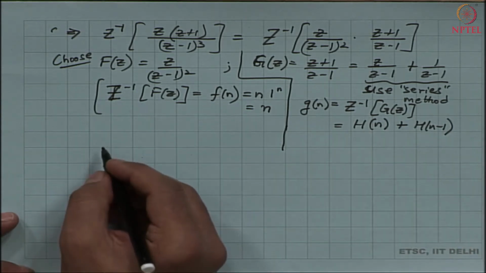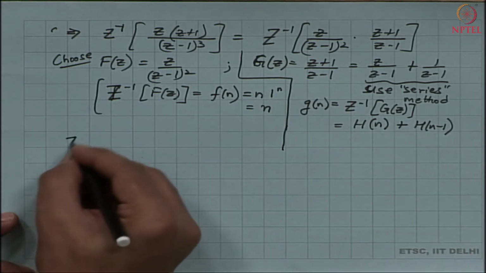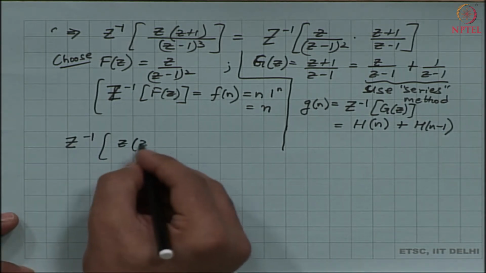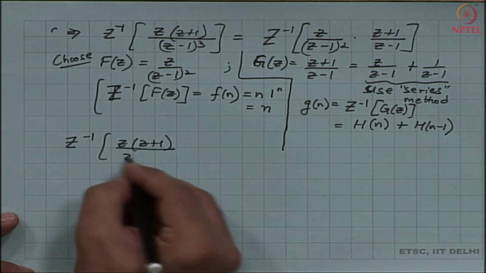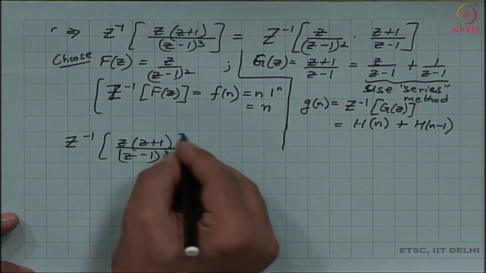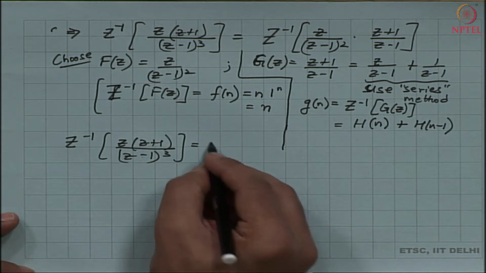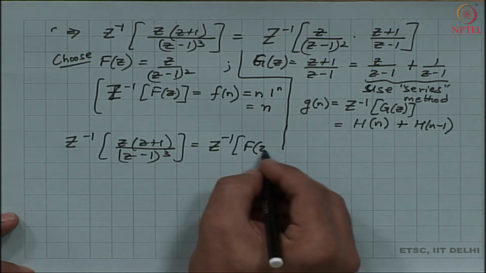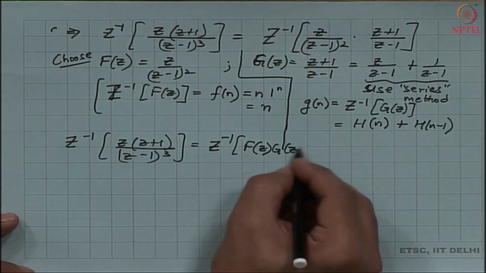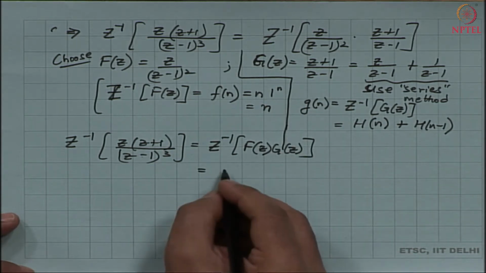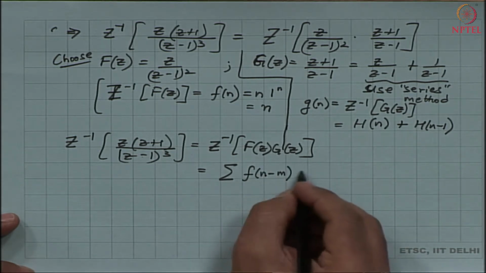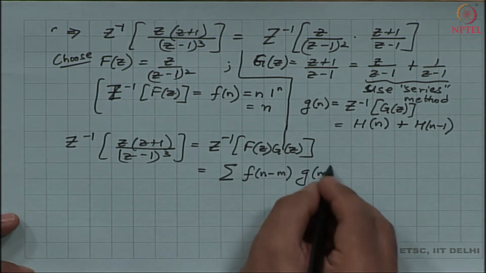So, the inverse Z transform of the quantity z times z plus 1 over z minus 1 cube, with which we began, will be equal to the inverse transform of F of z times G of z. This is nothing but the convolution, the sum over m from 0 to n of f of n minus m times g of m.